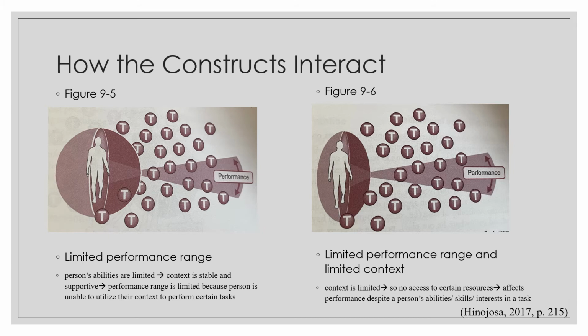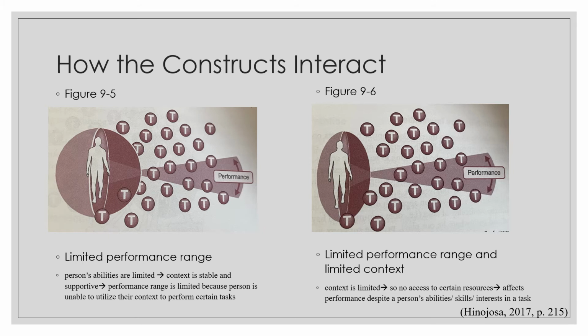The context bubble remains the same size because in this example, the context is not being affected. It is still supportive to the person, but their abilities and skills do not allow them to take advantage of the context, which in turn affects their abilities to ultimately participate in tasks and complete these tasks, so perform these tasks.